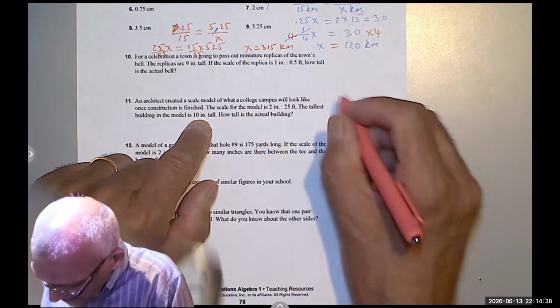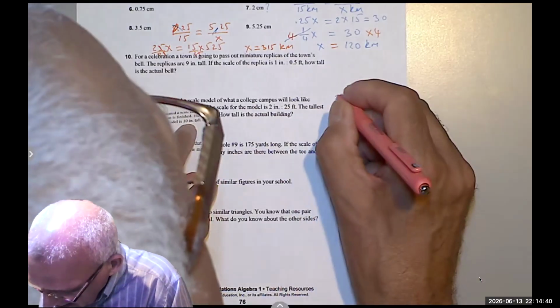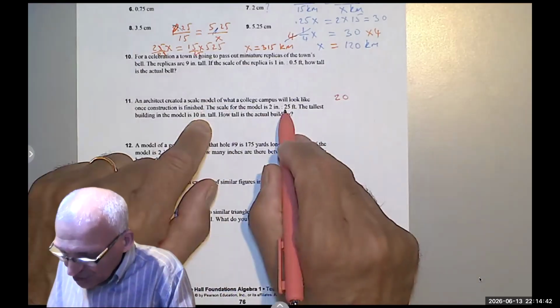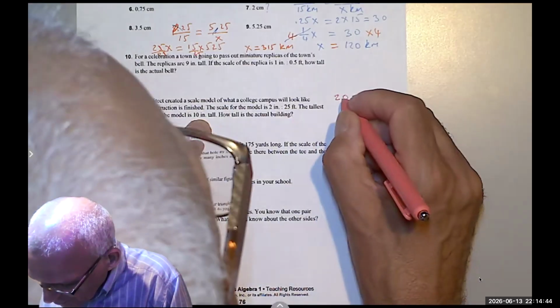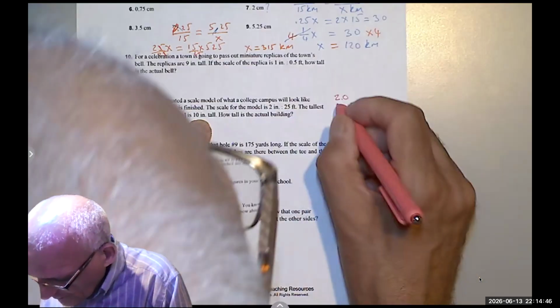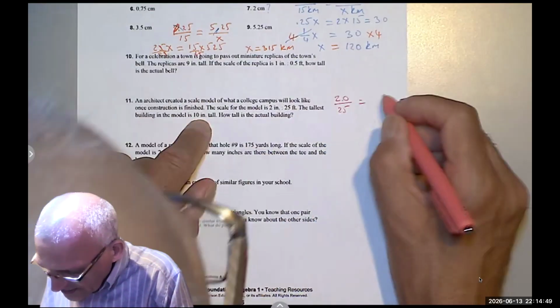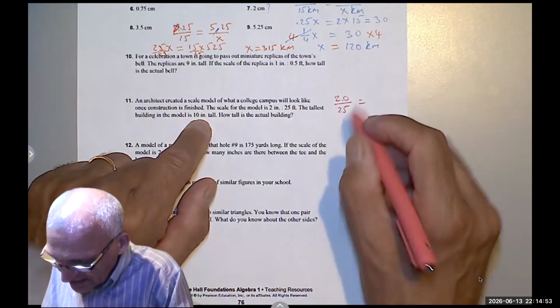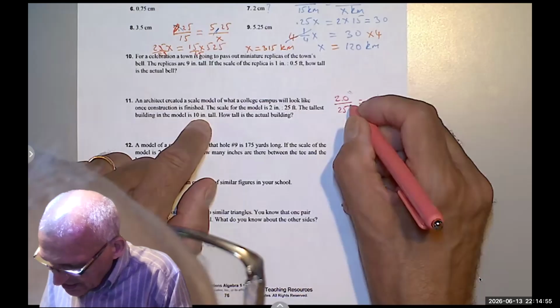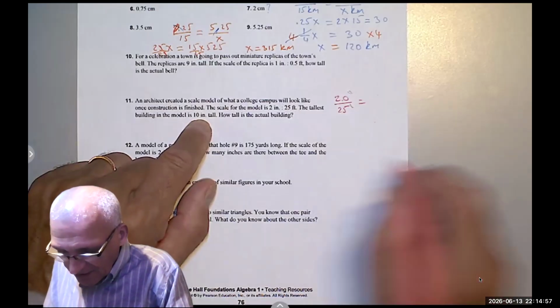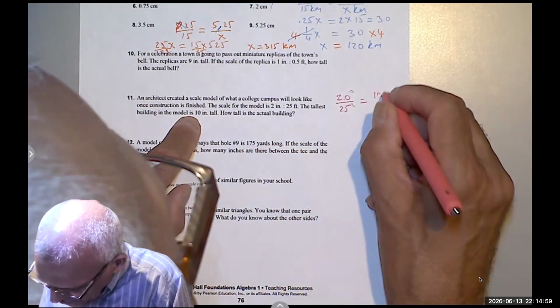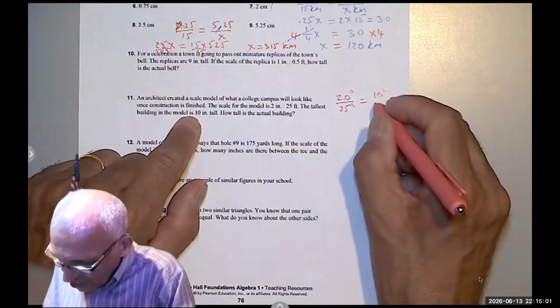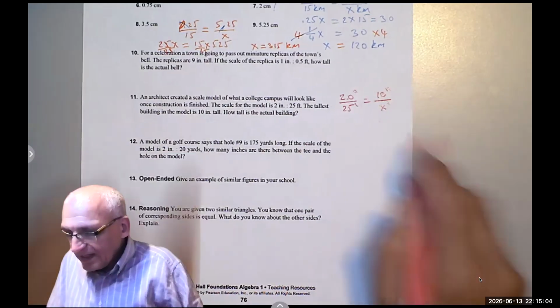Again, the model is equivalent to 2 inches. I'm going to write it 2 over 25 equals model over actual. This is 2 inches. This is 25 feet. The tallest building is 10 inches. So I put the inches with the inches over x feet. So how tall is the building?